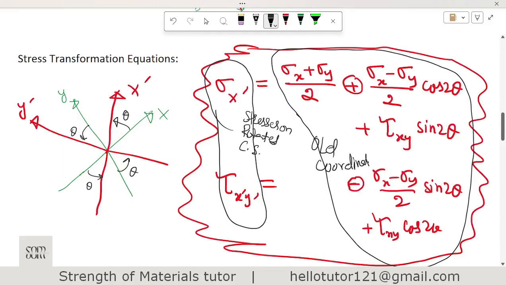So you found a relation between the old and the new coordinate system.